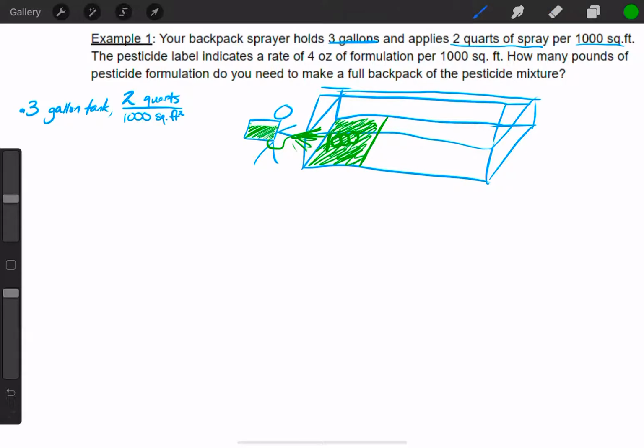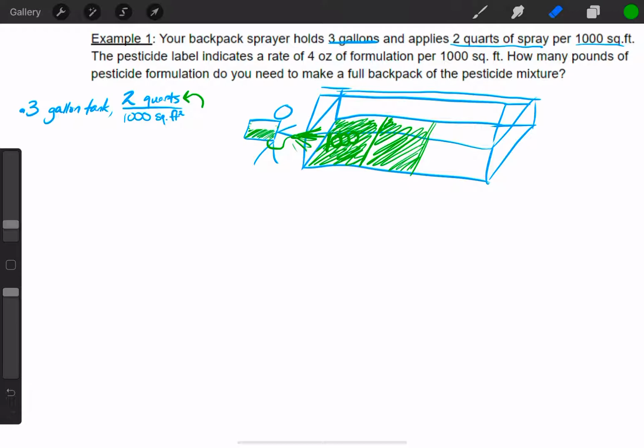Well, 2 quarts is, because the spray rate is 2 quarts per 1,000 square feet. As time goes on, he sprays another 1,000 square feet, and an additional 2 quarts has vanished from the tank. All right, so that's our spray rate.